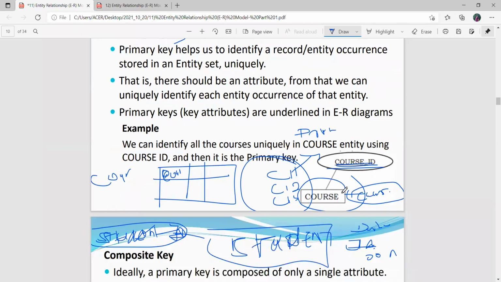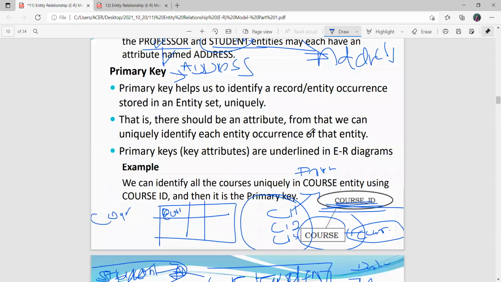So this is the course. You can see the course ID is the primary key of this course entity. You can use an underline sign to represent the primary key of this entity.